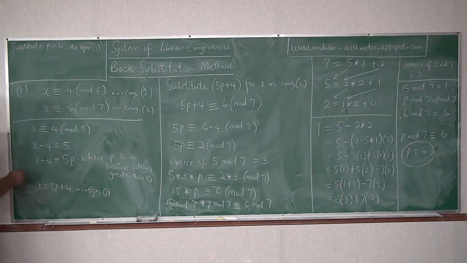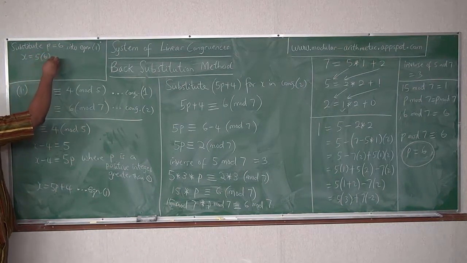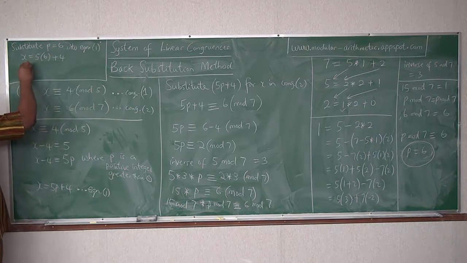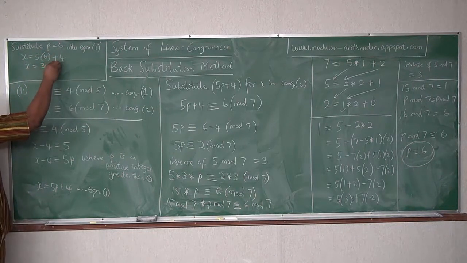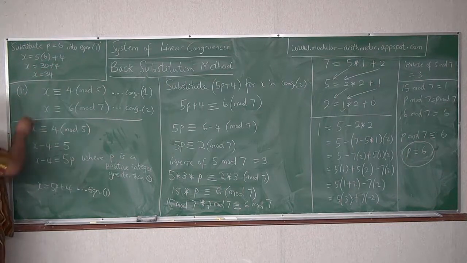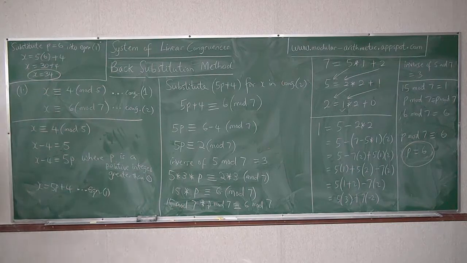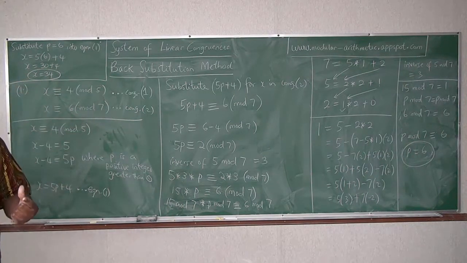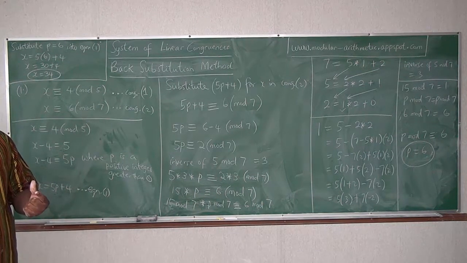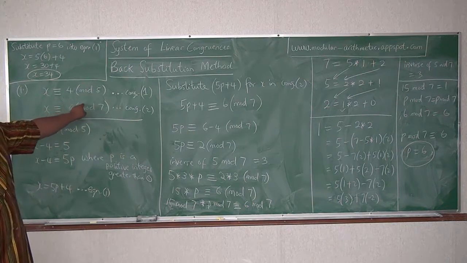So this means that x is 5 times 6 plus 4. So x is 30 plus 4, and x is 34. So this becomes our answer here: x is 34. If you do 34 divided by 5, it gives you 6 remainder 4, because 6 times 5 is 30.